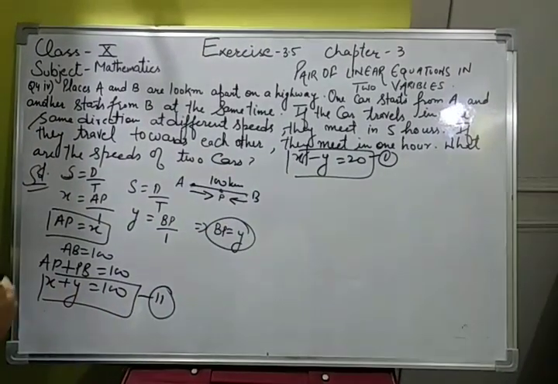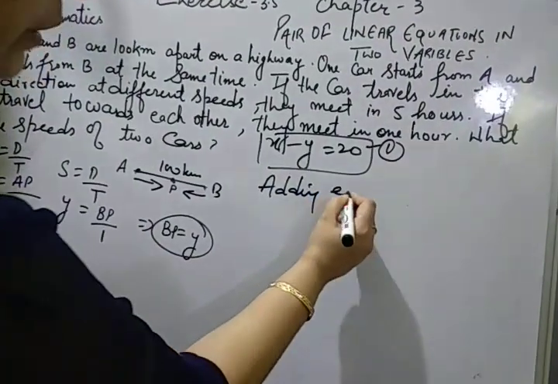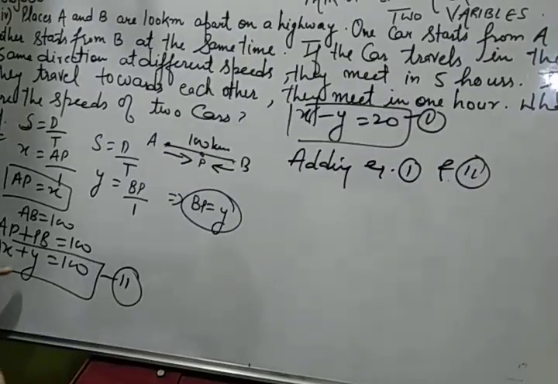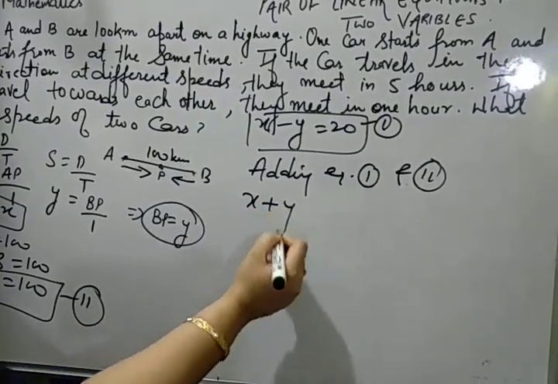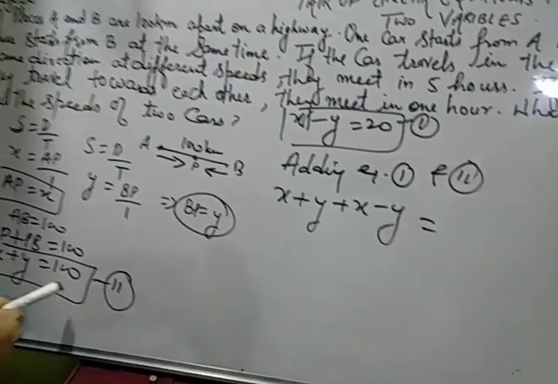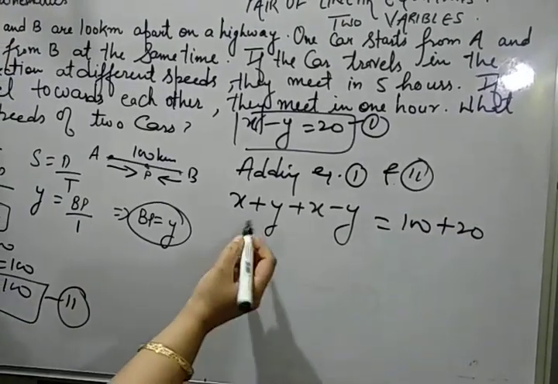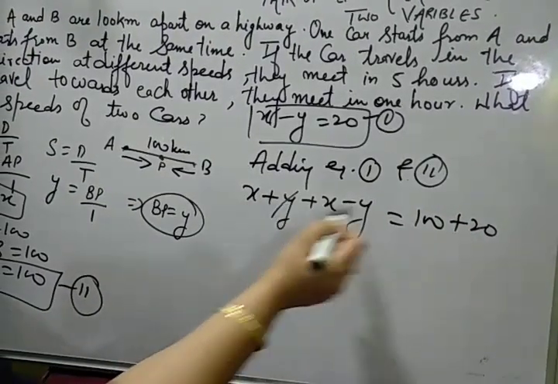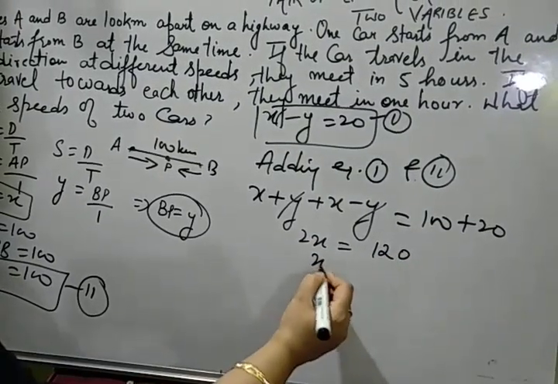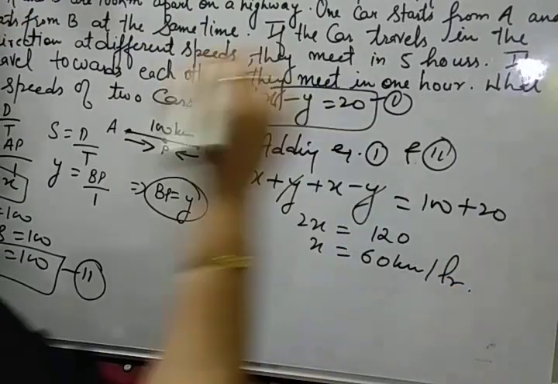Adding equation number 1 and 2: x plus y plus x minus y is equal to 100 plus 20. As y and y cancel, 2x is equal to 120, x is equal to 60 km per hour.